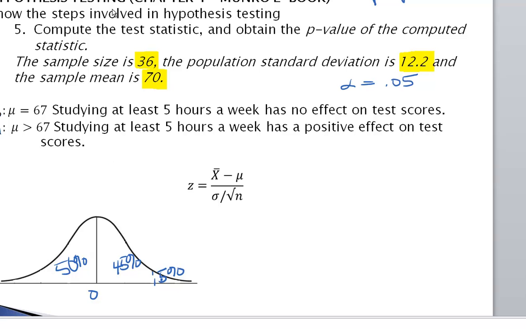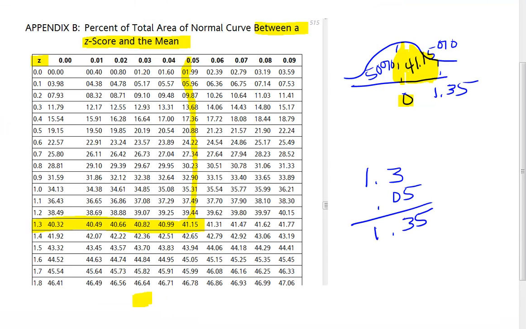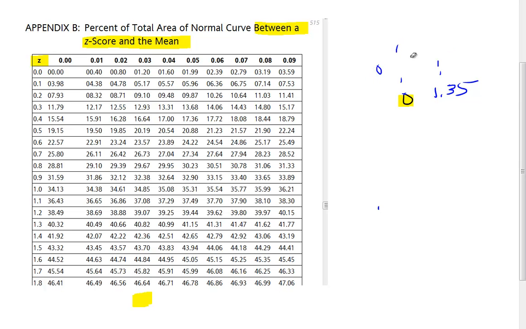So we can just look up in our z-score table 45%. Okay, so let me pull that up and erase some of this stuff up here. Earlier we looked up 41.15%. Now we're going to look up 45%.